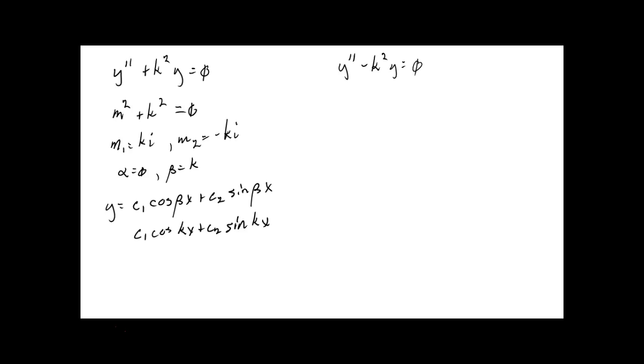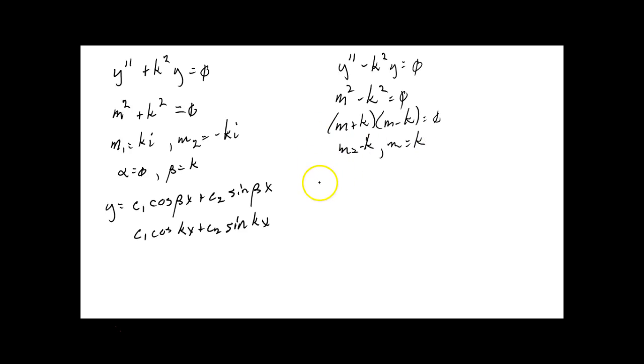On the other hand, when you have m squared minus k squared equals 0, you have two real solutions. Factor this: m plus k times m minus k equals 0. So m is equal to minus k, or m is equal to k.